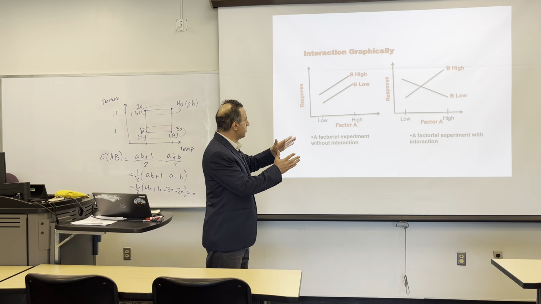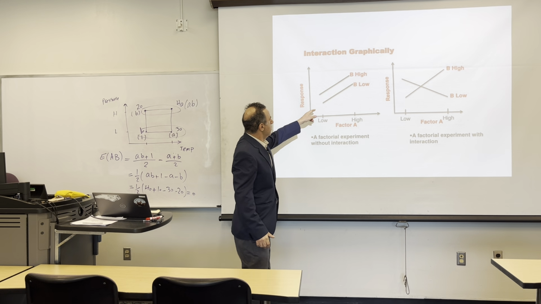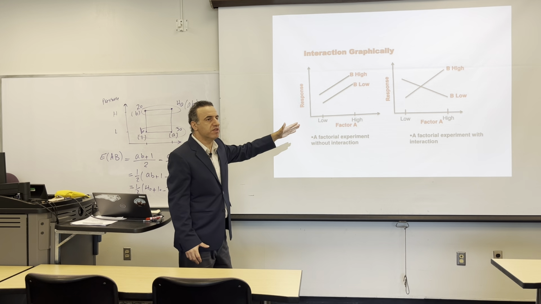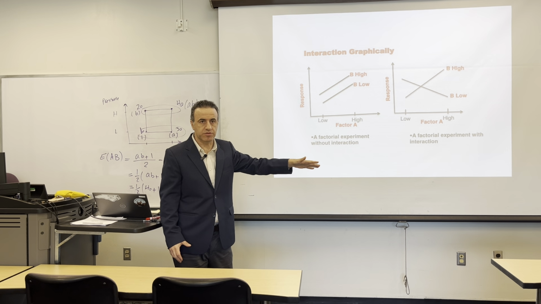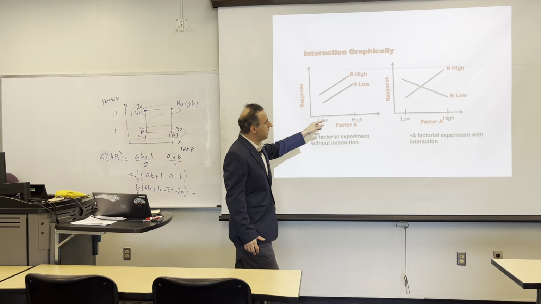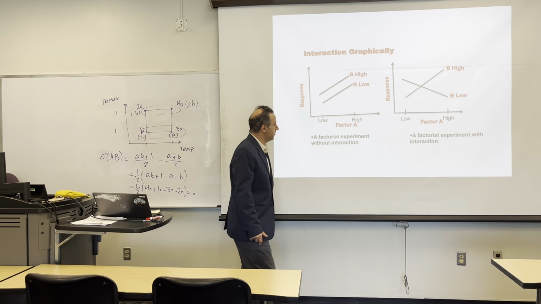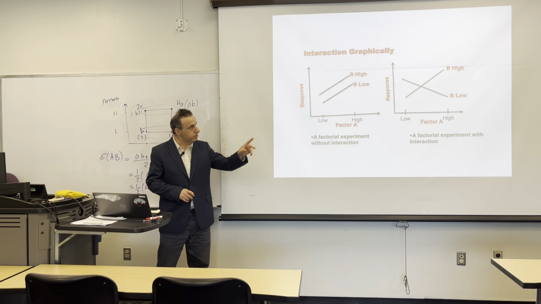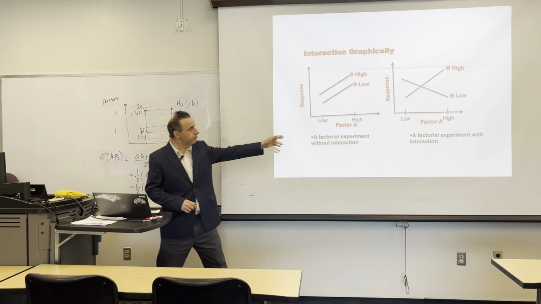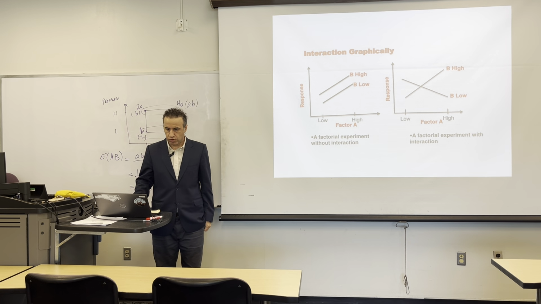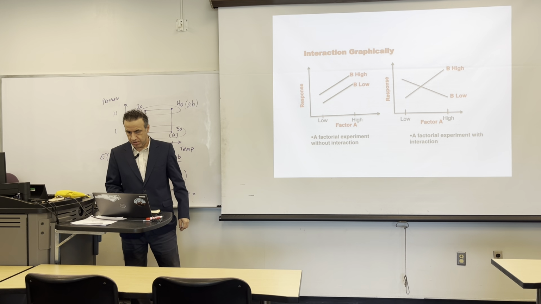If those lines are parallel, there is no interaction between those parameters, those factors. If they have different angles, there is some interaction. So the interaction is not going to be 0 on the right one. In this one, the interaction is going to be 0. Any question?